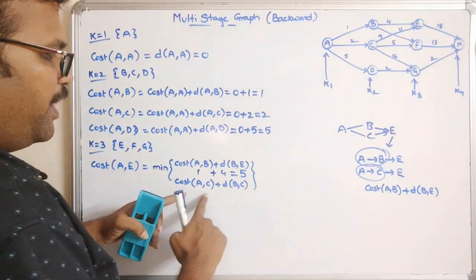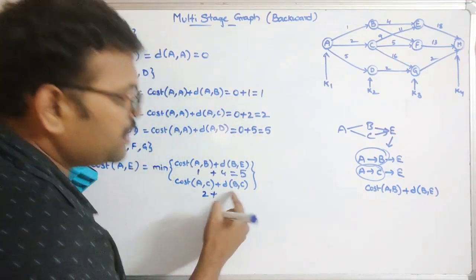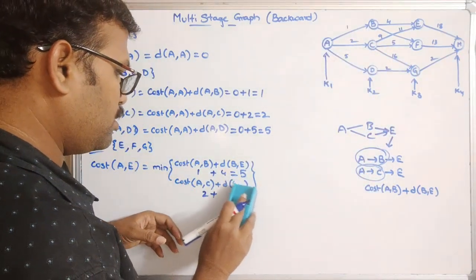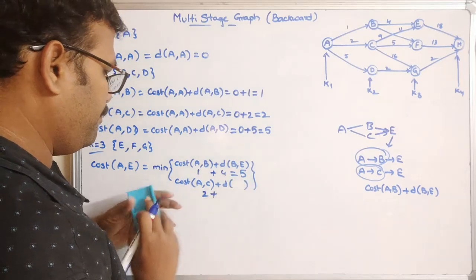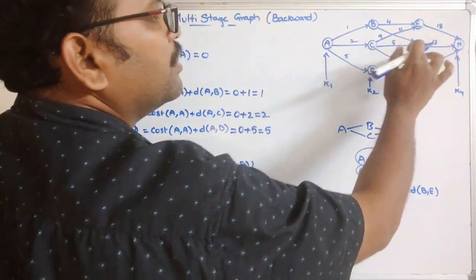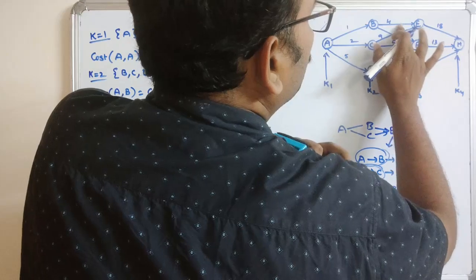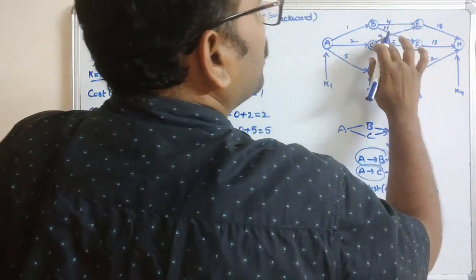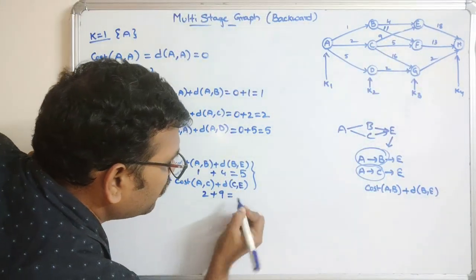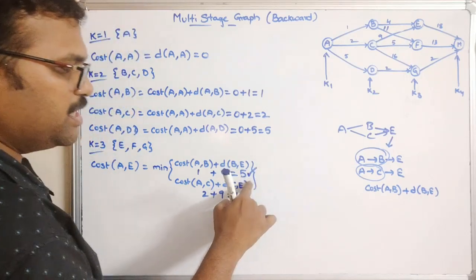And coming to the cost of A to C, already computed in the previous stage, it is 2, plus the distance of C and E, which is 9, so it is 11. Among these two, which is the minimum? This one. We need to consider this one.